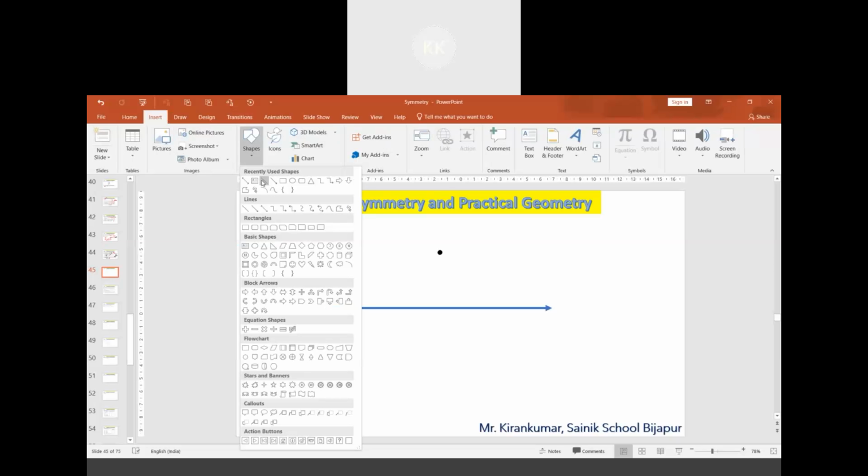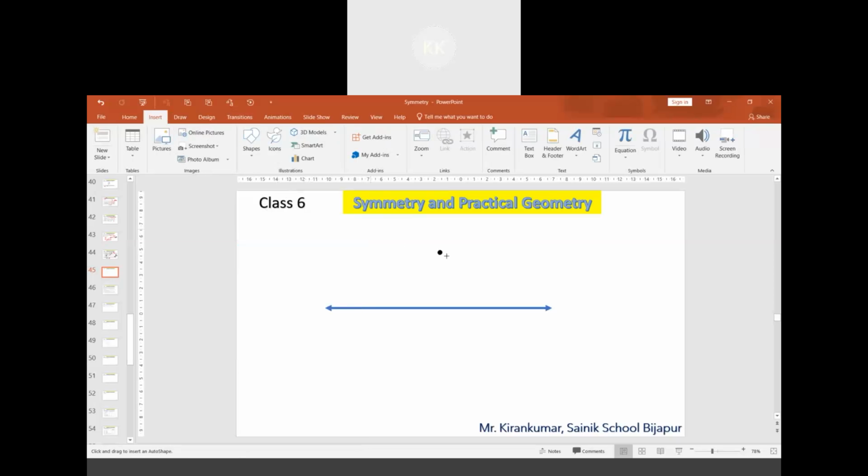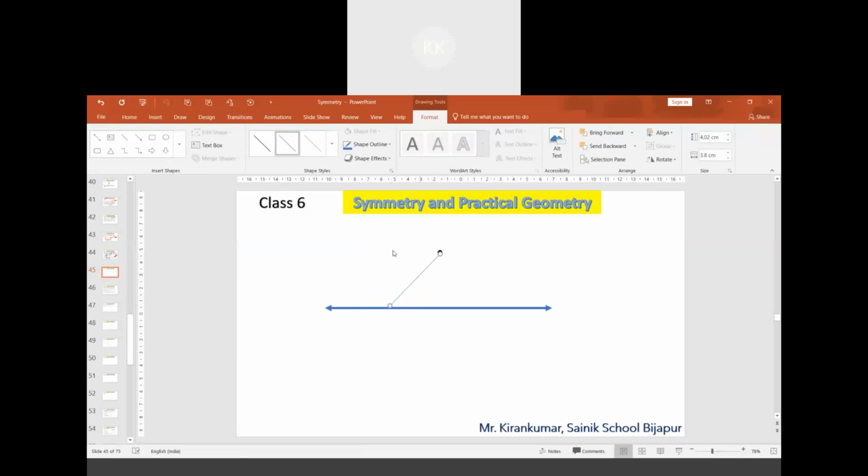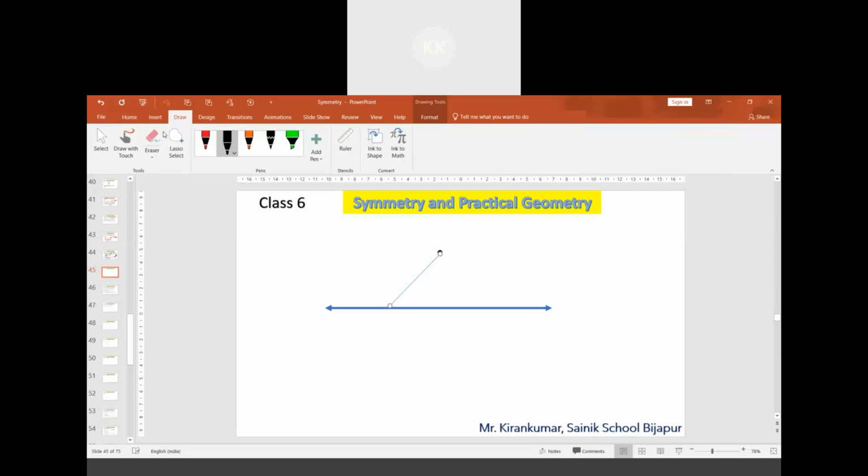I will show you. If I draw a line like this, it will not be perpendicular because it is making a different angle. This angle is less than 90 degrees.